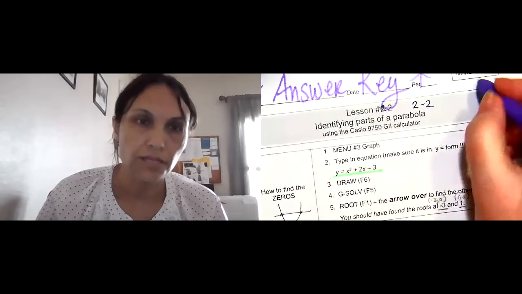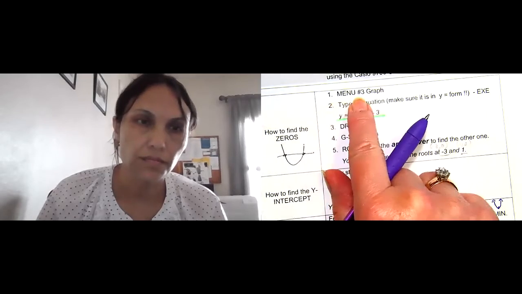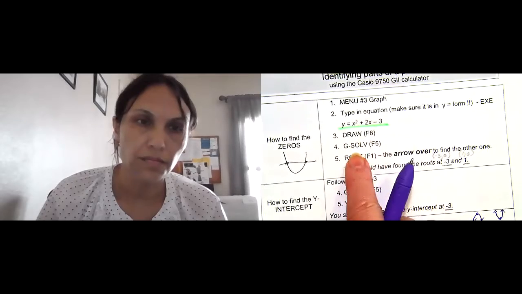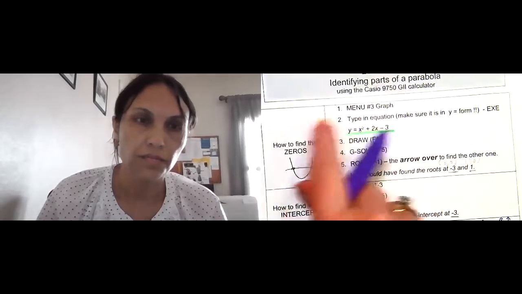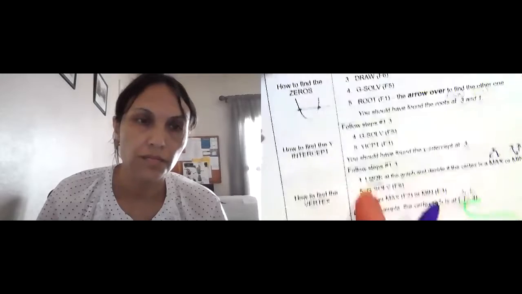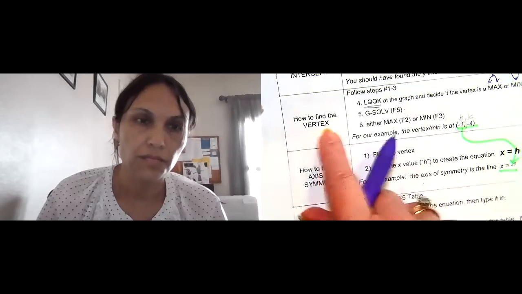It used to be a 6, but now we changed it to chapter 2. It tells you menu 3, type in the equation, draw, GSolve. So if you forget which buttons to push, you can use this document and it will go to find GSolve, Y-intercept. We didn't do that one today, but you could find that one. The vertex.